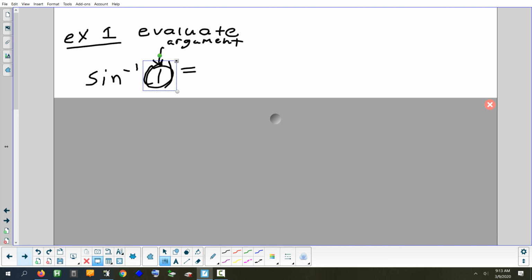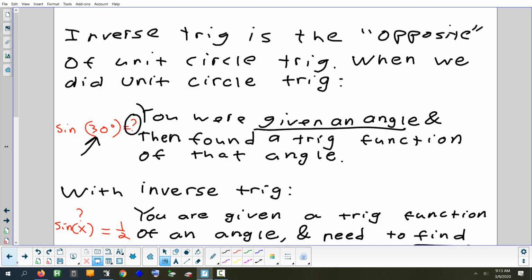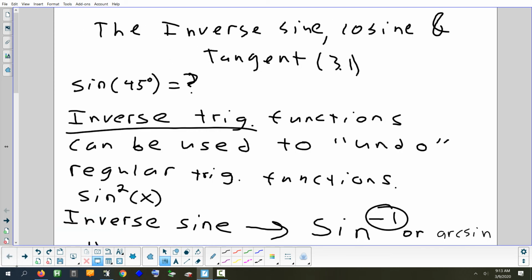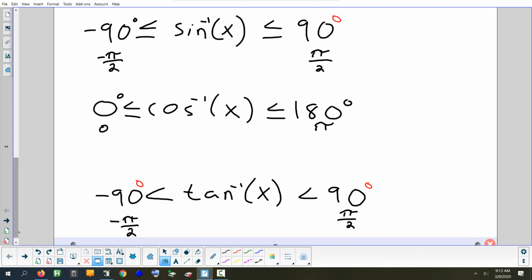If you do, that means you just found multiple answers. It's not that the other answer is wrong, but we all agree, whether you really want to or not, you have to give me the answer between negative 90 and 90. So if you ever find more than one answer, use these rules to go by which one you tell me.